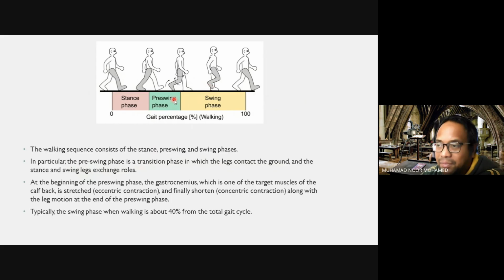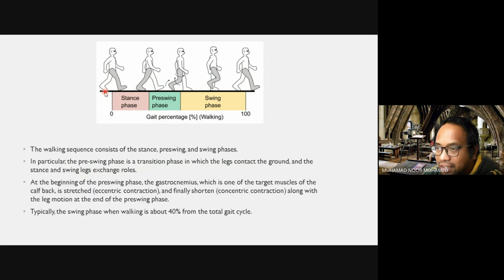So maksudnya bila kita berjalan ni, setiap satu tapak, satu kaki akan ada contact. Bila dua-dua kaki ada contact, okay, itu ialah fasa stance. Kaki kanan, first contact. Kaki kiri, last contact. And then bila kaki kanan being pushed back, that is pre-swing.